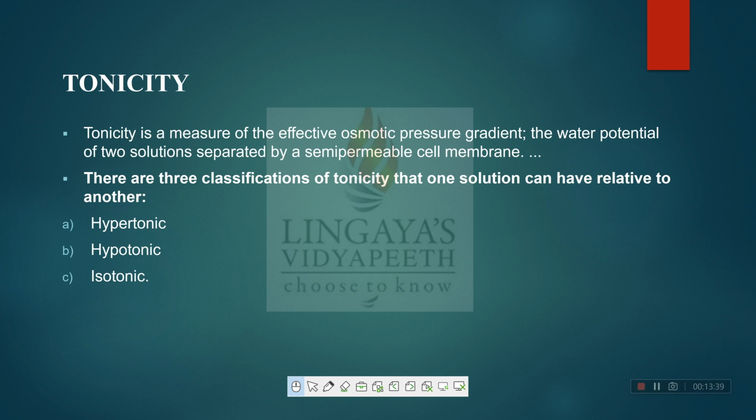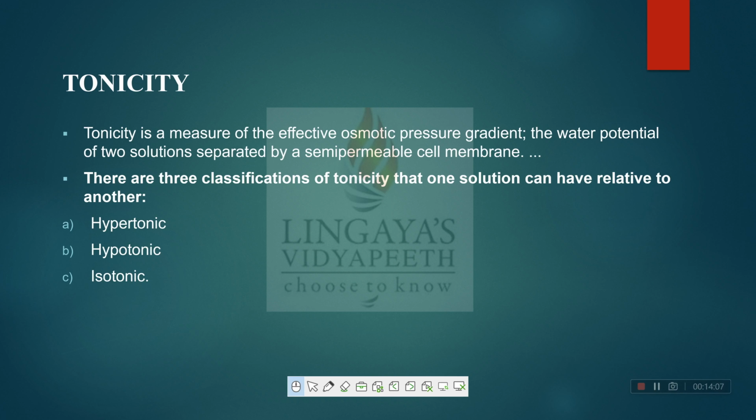Now what is osmolarity? Osmolarity describes the total solute concentration of the solution. A solution with low osmolarity has a greater number of water molecules relative to the number of solute particles. Therefore, a solution that is cloudy with cells may have a lower osmolarity than a solution that is clear.